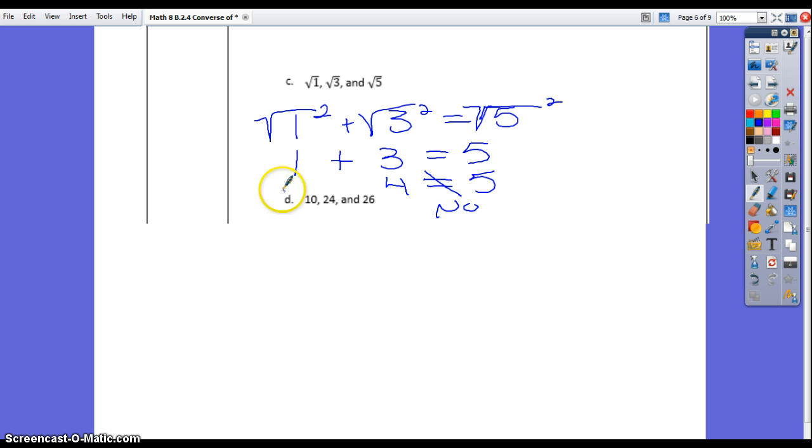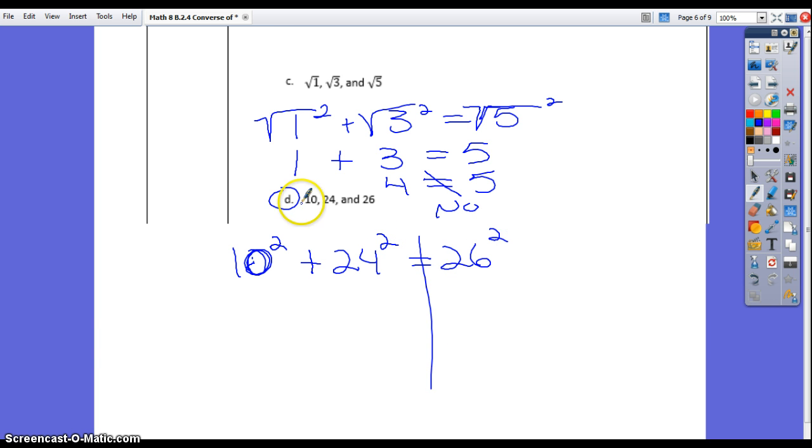All right, let's do d as long as I have this screen up. Is 10 squared plus 24 squared equal to 26 squared? Could I have a triangle with the lengths of 10 inches, 24 inches, and 26 inches?